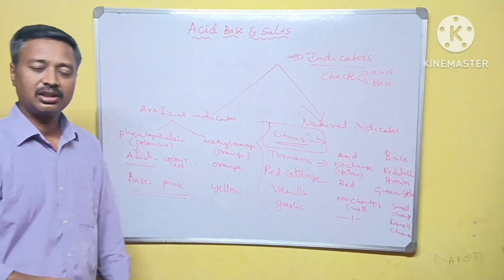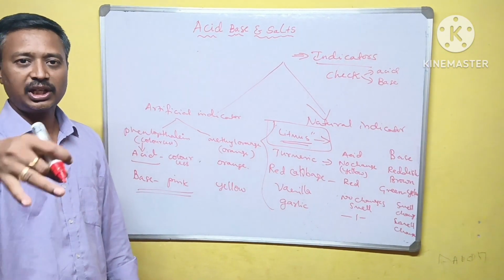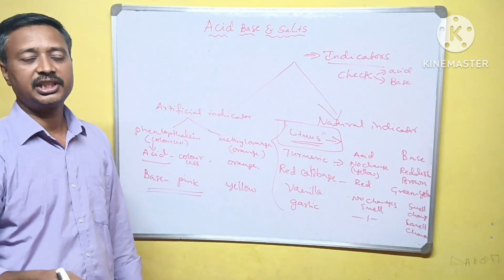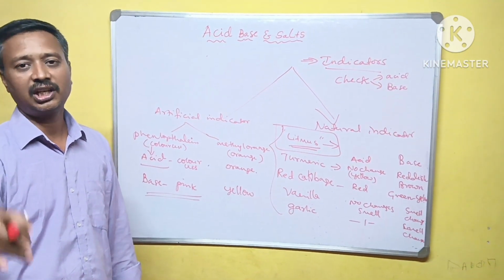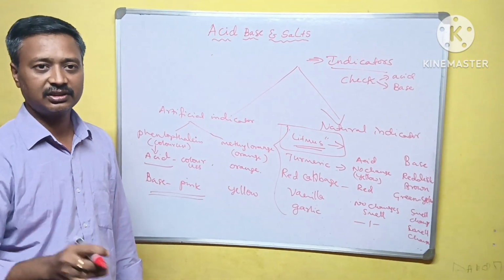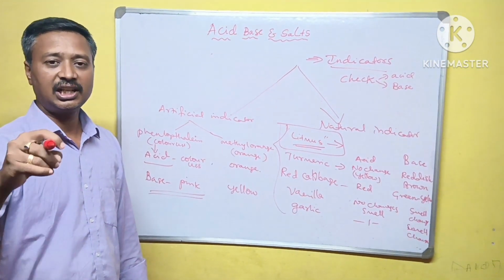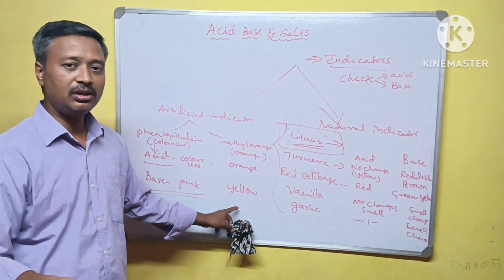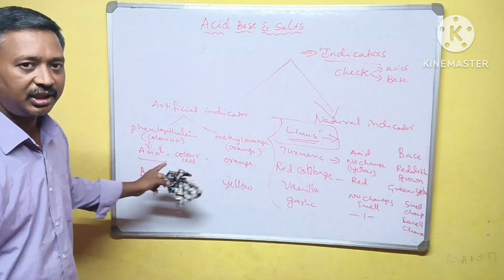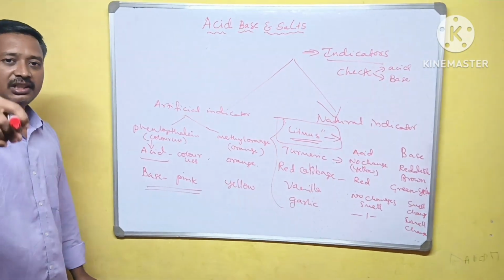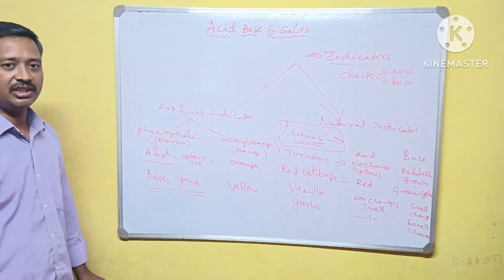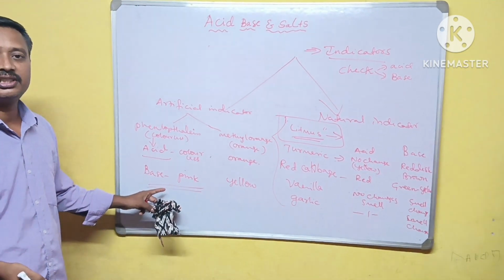For example, take methyl orange and pour it on an acid. If methyl orange changes the color to yellow, then it is a base. Take phenolphthalein on a given liquid. If the color changes to pink, then it is a base.